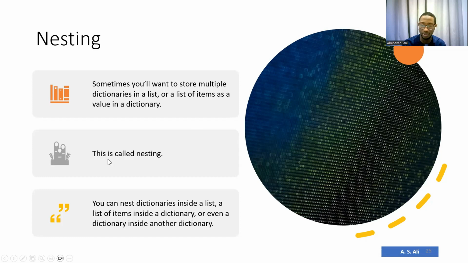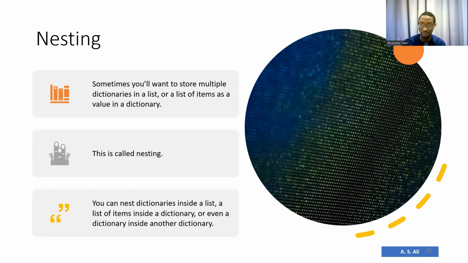We also have dictionaries that could contain other dictionaries. So a dictionary in a dictionary is also possible. Or a list of lists, or a list of dictionaries that contain dictionaries.